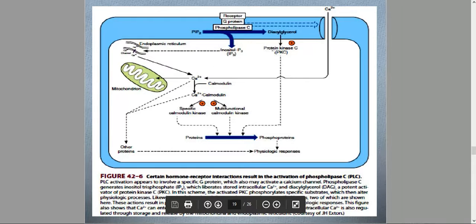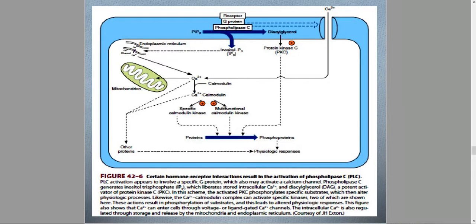Alongside the activation of protein kinases, IP3, inositol triphosphate, also induces some cellular response.